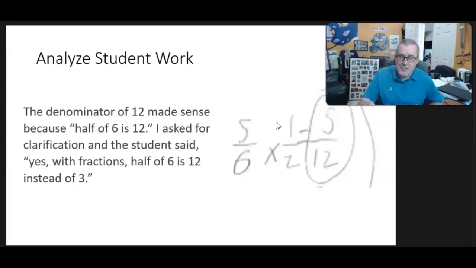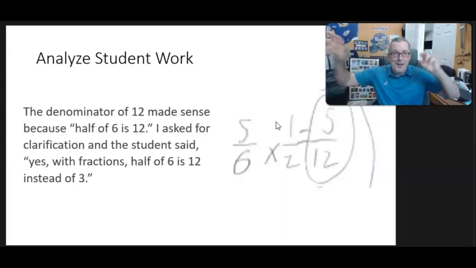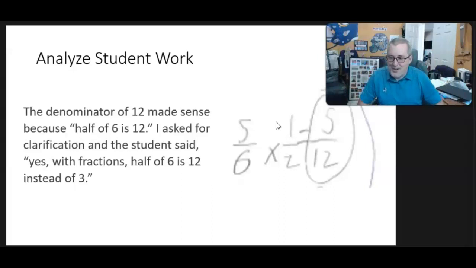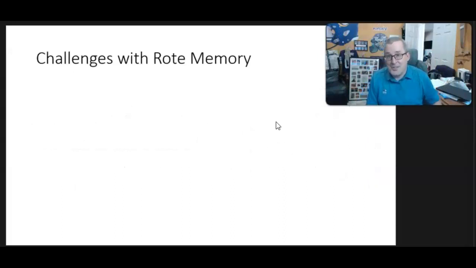And so I asked the student, could you clarify, how is it that half of 6 is 12? Well, yeah, because with fractions, half of 6 is 12 instead of 3. Now again, they're remembering some rule that they learned and that applied to some case, but they're applying it at the wrong time. And so this is the challenge.